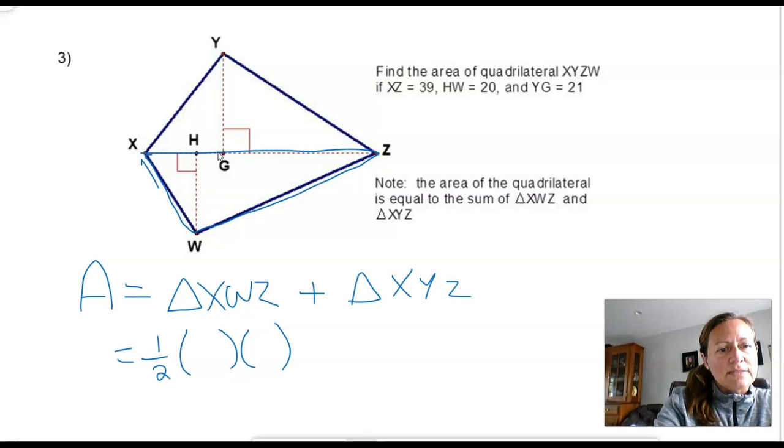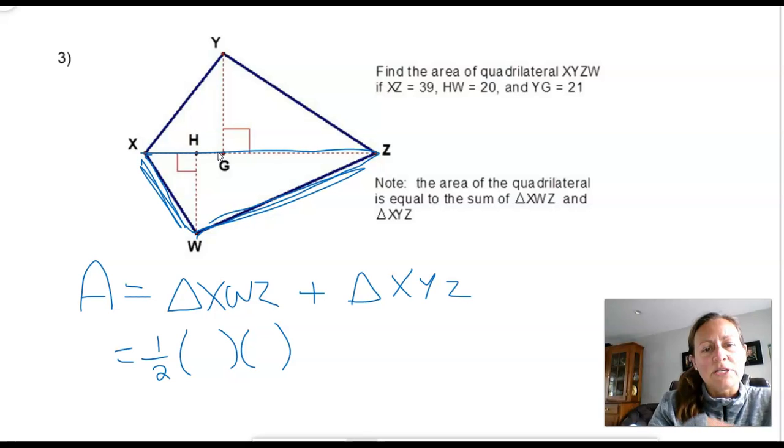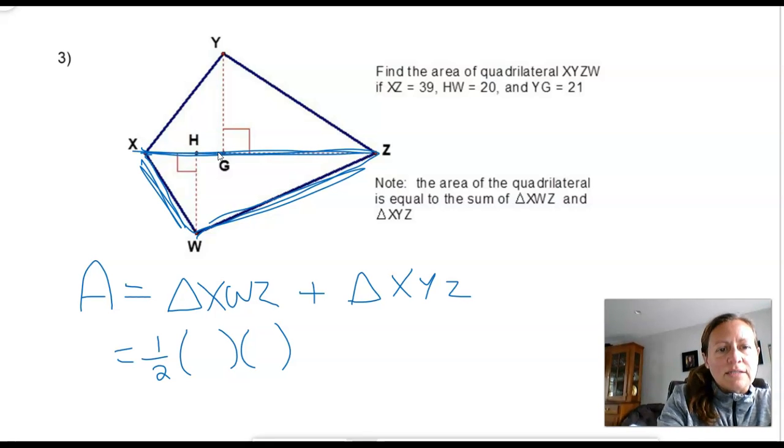Now, what is the base of triangle XWZ? If we try to say this, that's not going to make sense. If we try to say that, it's not going to make sense because we aren't being shown a perpendicular segment going from either of those sides across the triangle. The one side we do have that has a perpendicular segment meeting it is XZ.